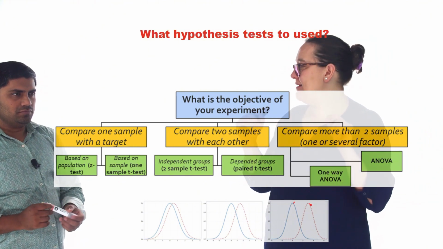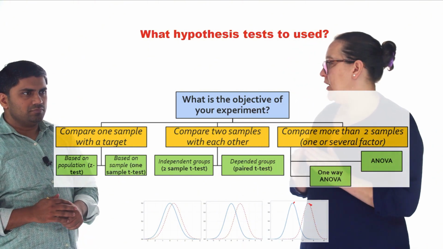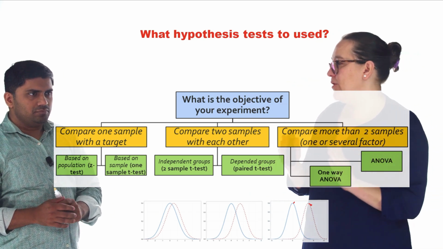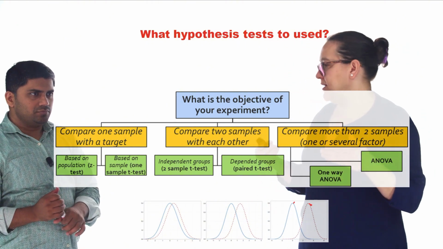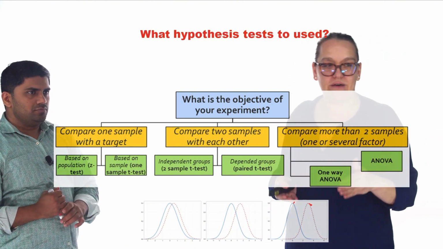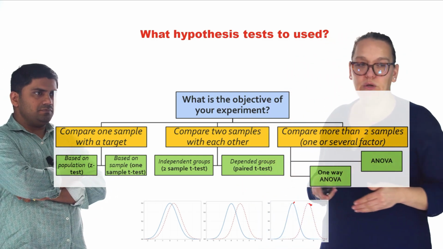That would be like the mean in some sense. We want to compare if those two are close together or not. So this test will compare the probability that these two peaks are the same or not for each factor that you have. And if we have 3 levels, you will have 3 curves.